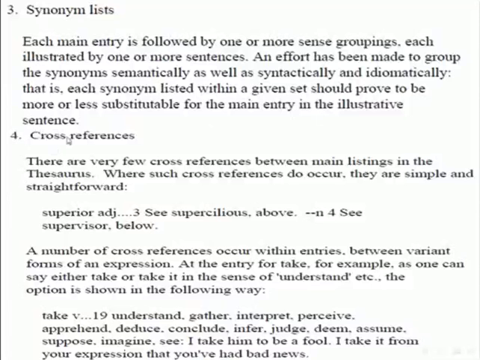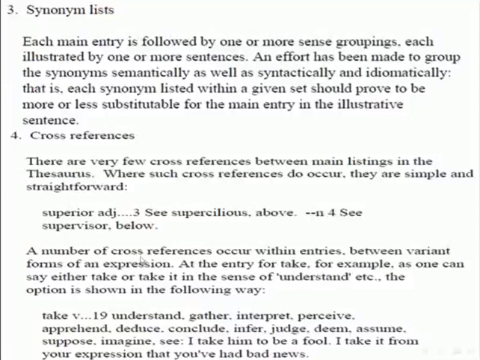Number 4, cross-references. There are very few cross-references between main listings in the thesaurus. Where such cross-references do occur, they are simple and straightforward. Superior, adjective, 3: see supercilious above.